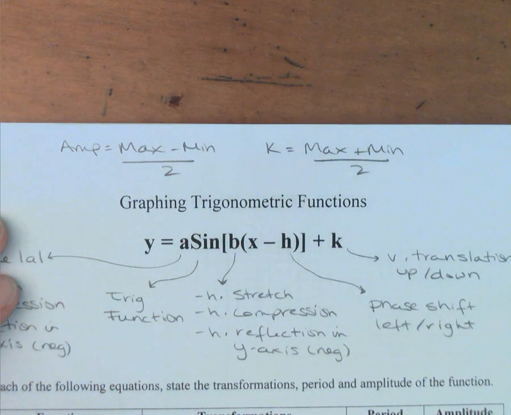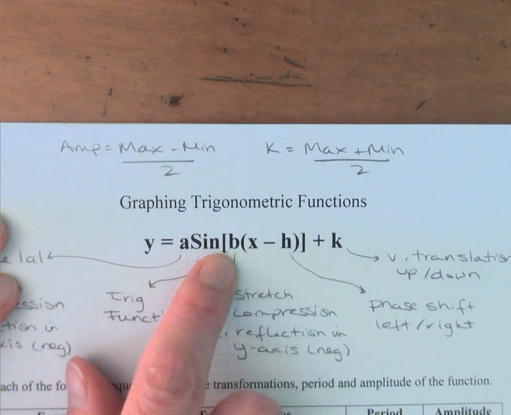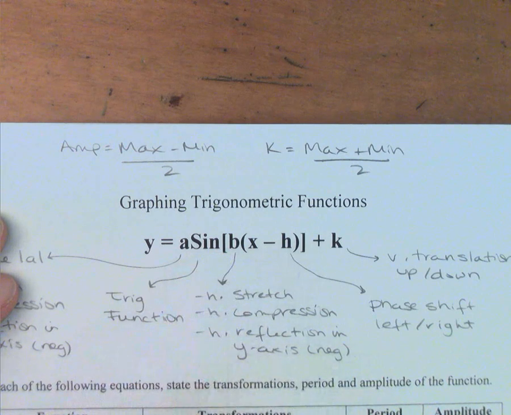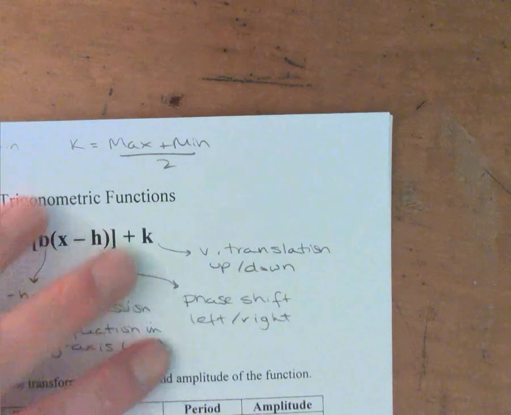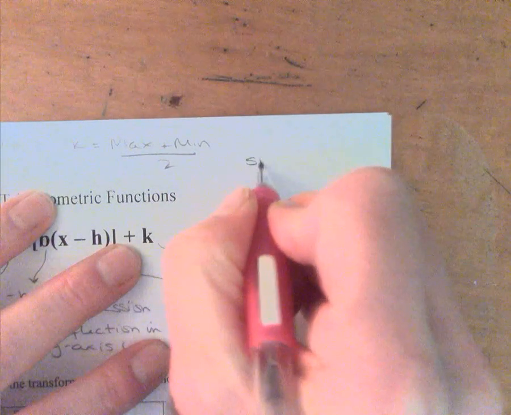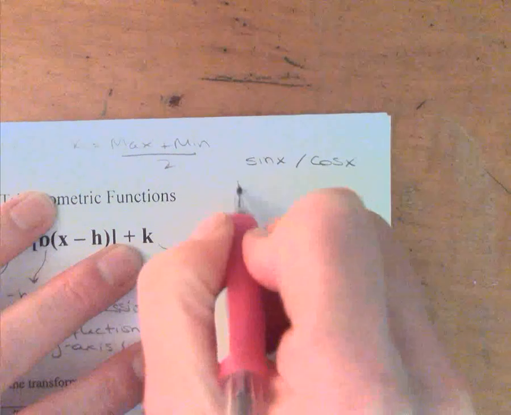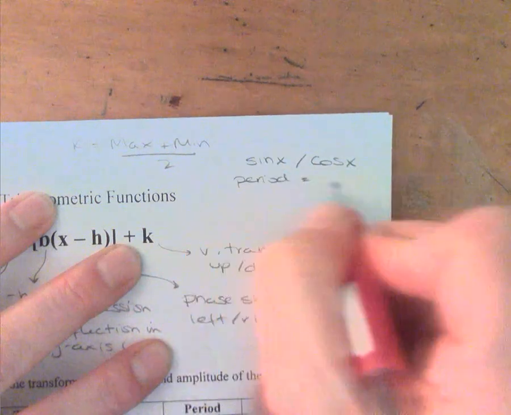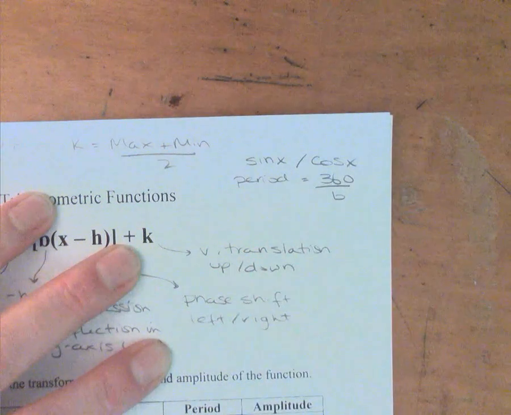What's going to change now is the period of the graph. The period of the graph may not always be 360 degrees. This B value will change that. It will either stretch it or compress it, or reflect it. So how do we figure out the period? If I have a sine x graph or a cos x graph, the period can be found by doing 360 degrees divided by my B value.